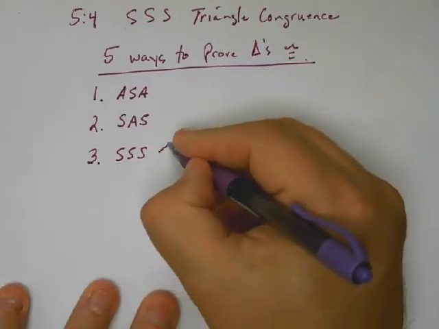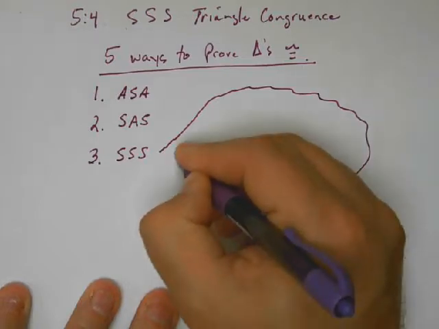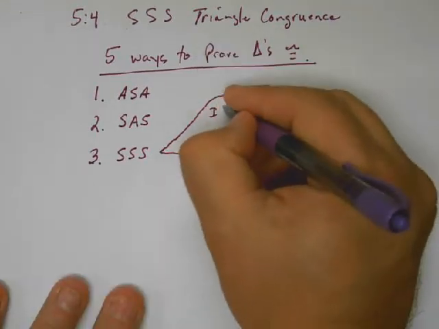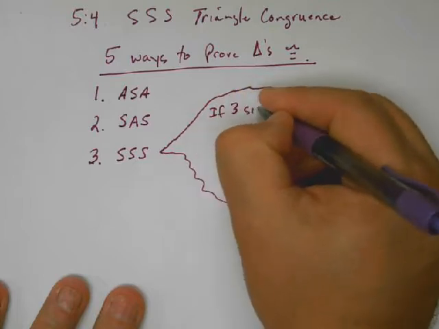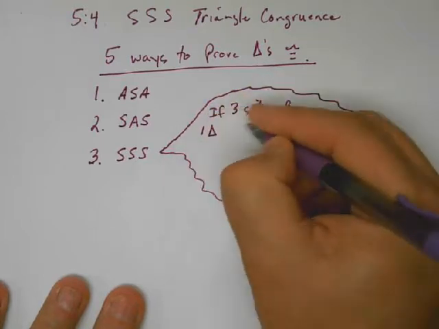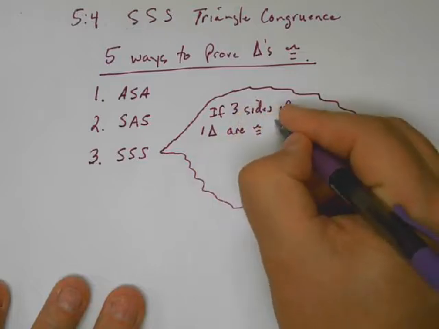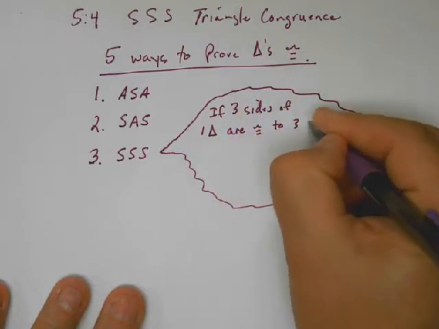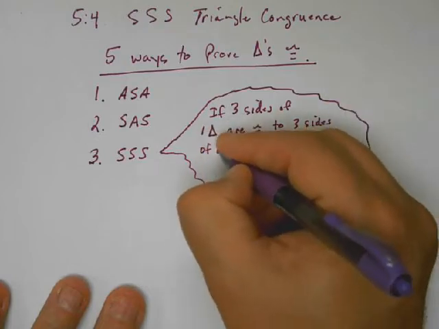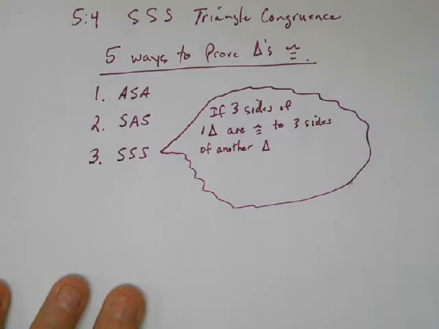So, kind of like a little dialogue is happening here. The side, side, side theorem says, if 3 sides of one triangle are congruent to 3 sides of another triangle. This is on page 256, by the way.